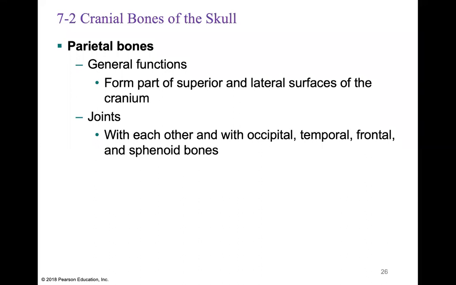The parietal bones are going to form part of the superior and lateral surfaces of the cranium. The parietal bones will form joints with each other, with the occipital bone, and with the temporal, frontal, and sphenoid bones.